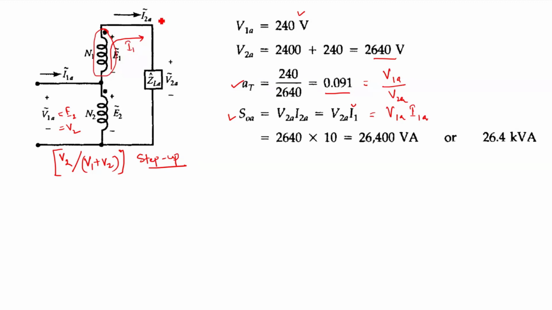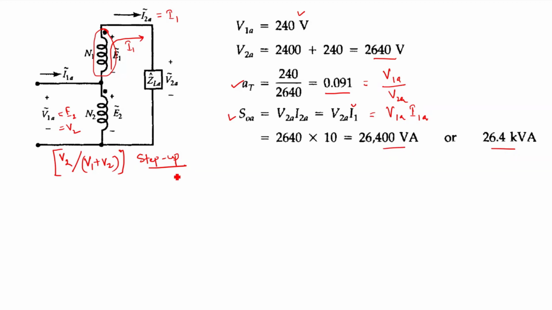Therefore I2A will be equal to I1 under rated condition. So it becomes 2640, that is V2A, and I1 is 10 ampere, so it gives me 26,400 VA or 26.4 kVA.